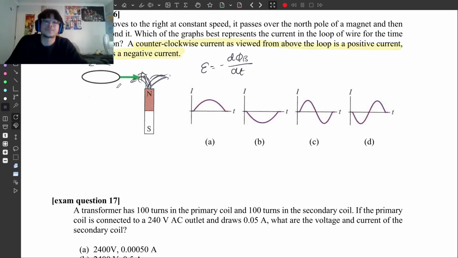But by Faraday's law of induction, the induced EMF will have to go in the opposite direction so that this current produces a magnetic field going in the opposite direction of the magnet causing this change. So it's pretty much like a conservation of energy sort of thing.